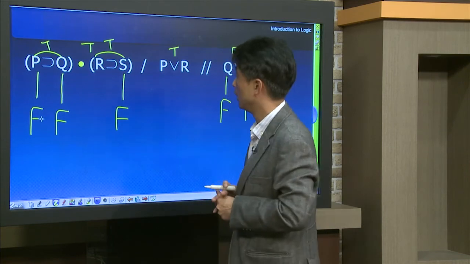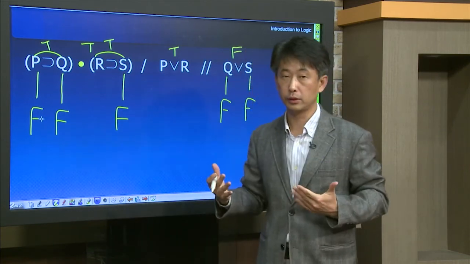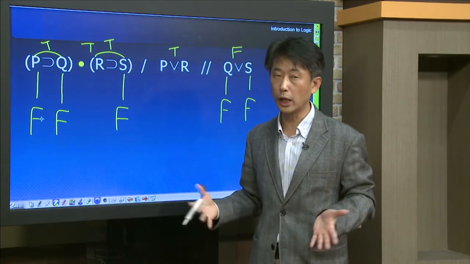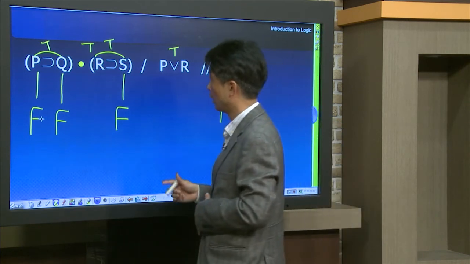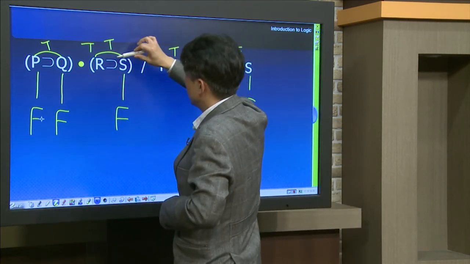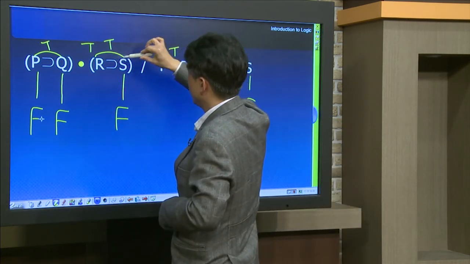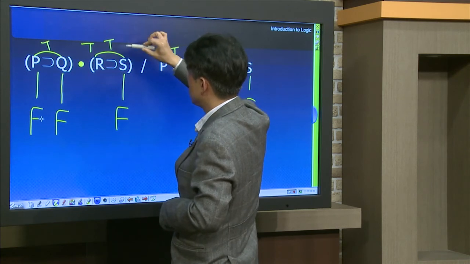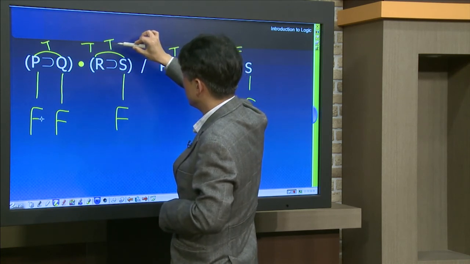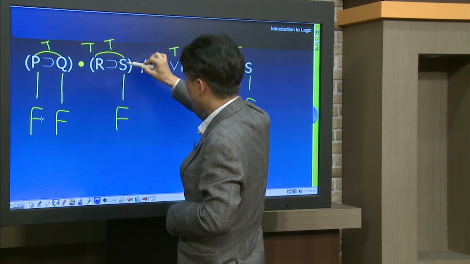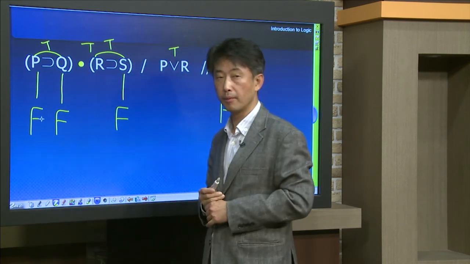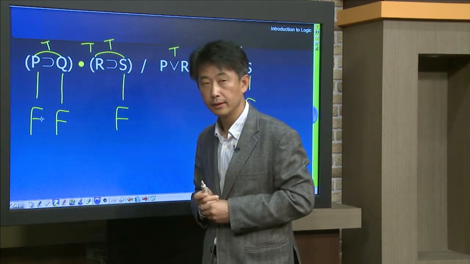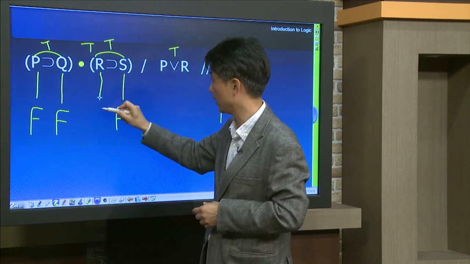Okay? So I'm trying my best to make all the premises true and conclusion false. Okay? Same thing here. R then S can be true, given that S is F, only when R is F. Okay?